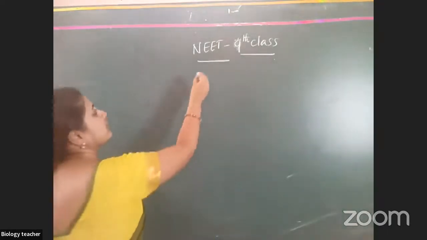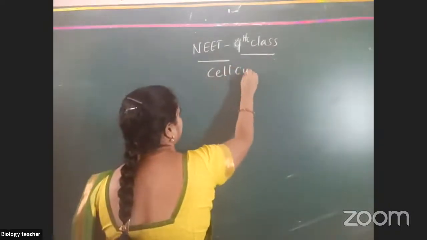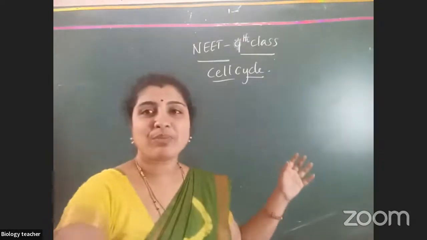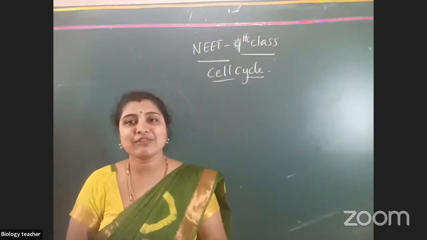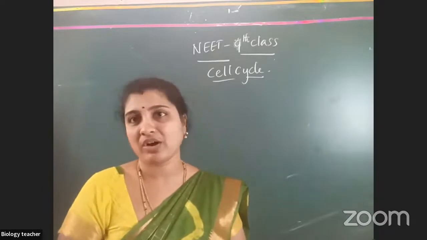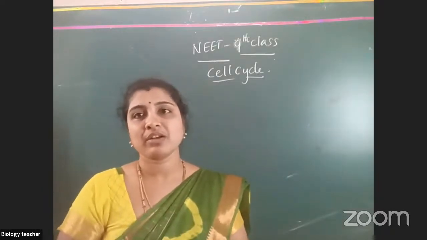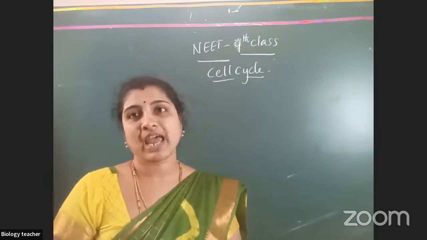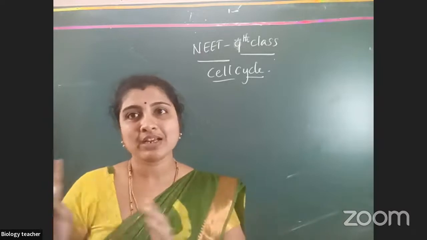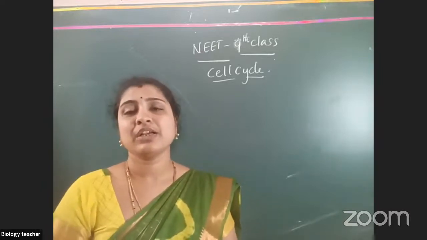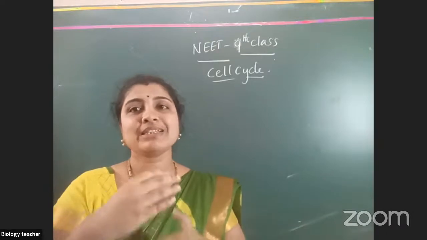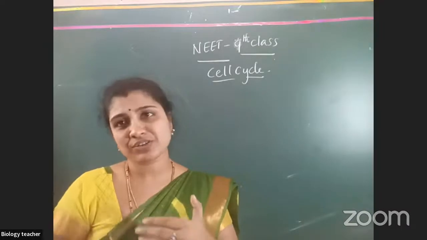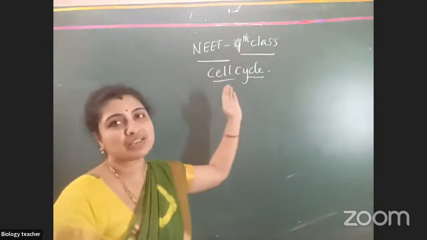Here we are discussing the cell cycle. You all know that the cell is the basic fundamental unit of any living organism. To continue our generation, we have to regenerate the cells. The division of cells is a continuous process, which is why it is known as the cell cycle.